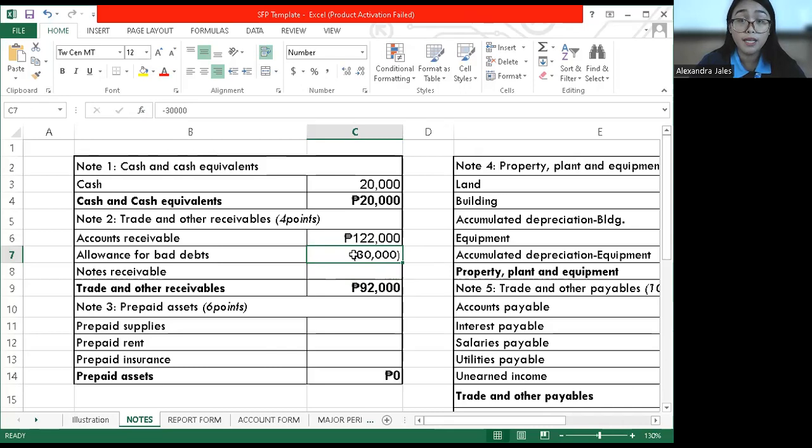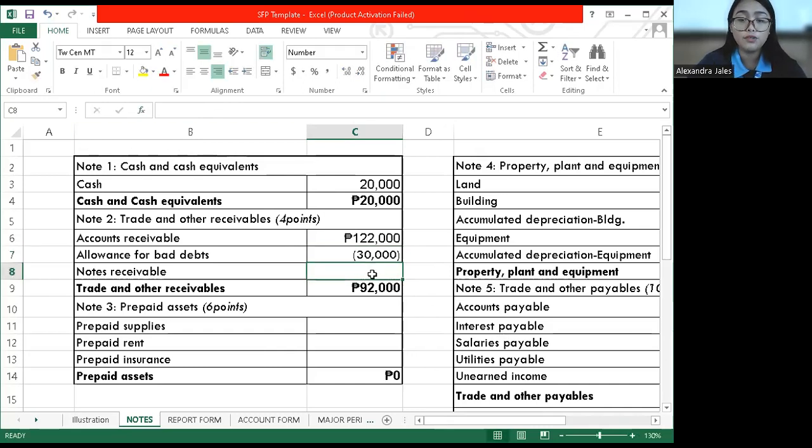So again, for money, we do not have negative. So we can express that through this, in parentheses. But if you write that in Excel, of course, you have to write it like this. Clear? You have to subtract 30,000 from the accounts in your assets.